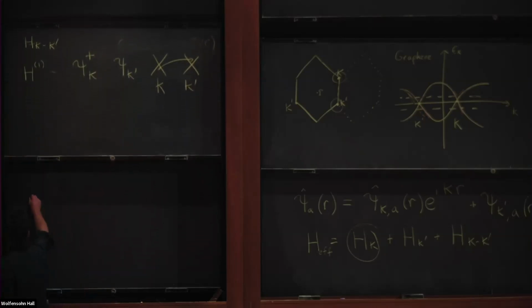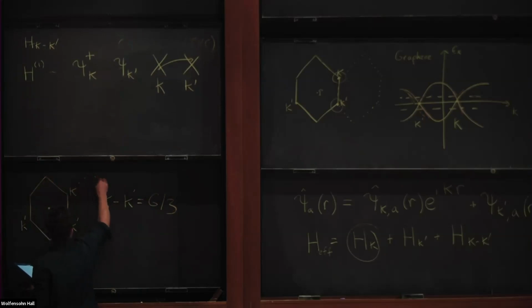Okay, so let me draw the Brillouin zone again. This is K. This is K prime, or equivalently, this is K prime. An important fact to know, at least in the case of graphene, is if you look at this momentum difference, K minus K prime, it's actually a reciprocal vector divided by 3.